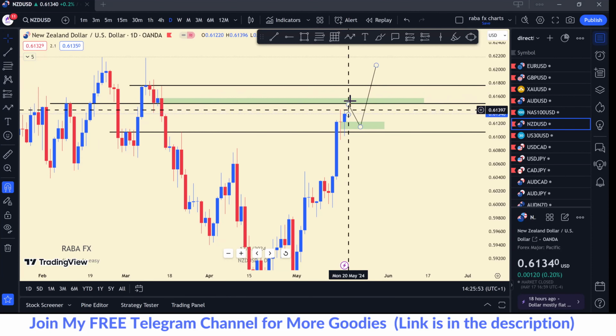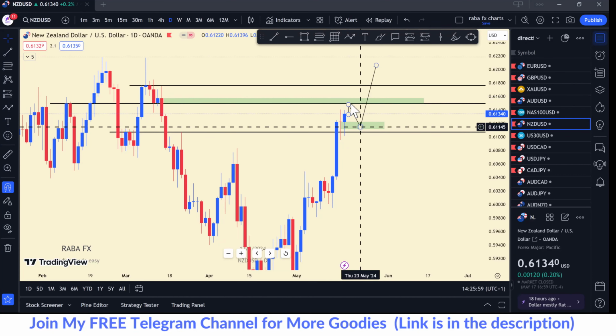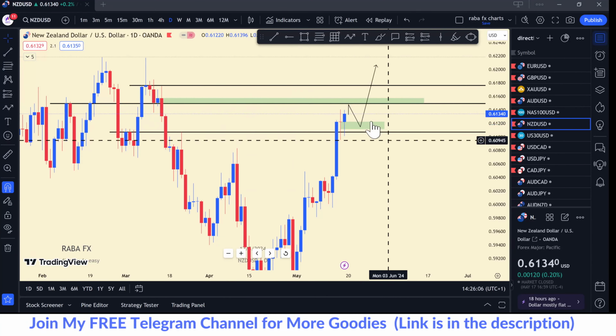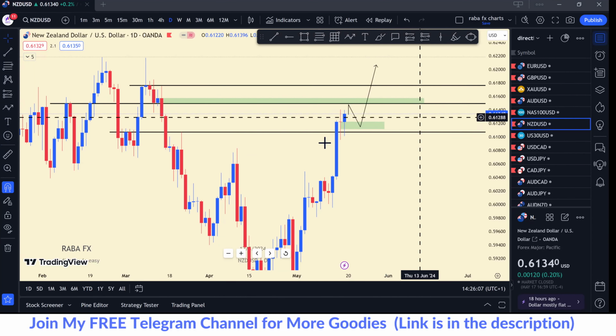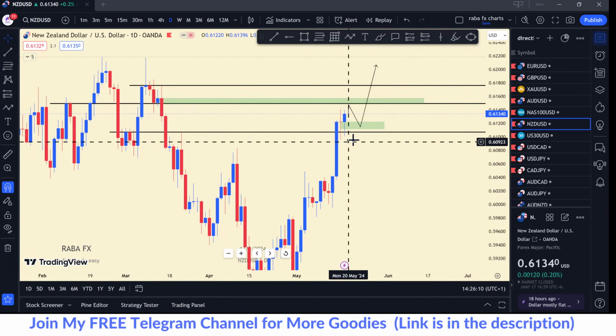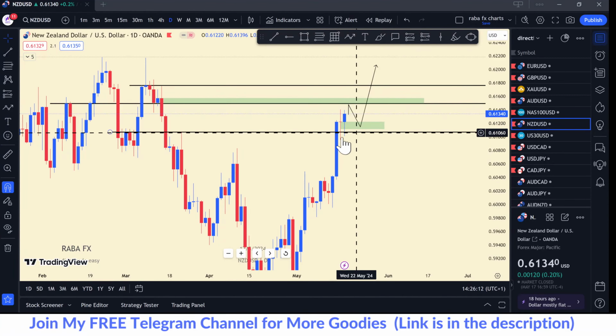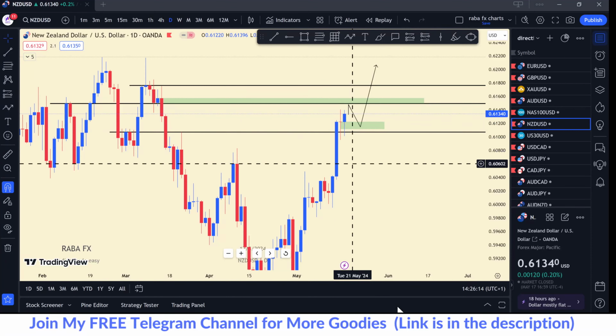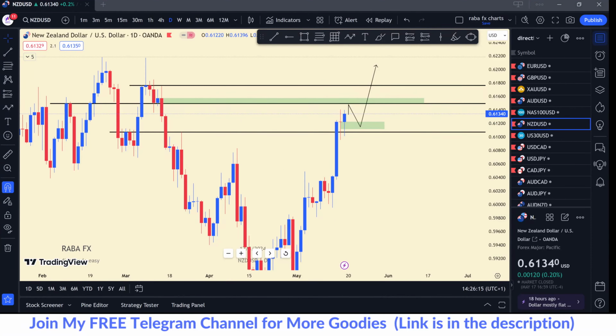And the second one will be if price just pushes up in here, I can now look for a confirmation that price wants to actually go down and sell into this area. Okay, so these are the scenarios, these are the levels I will be interested in when it comes to trading NZD USD.